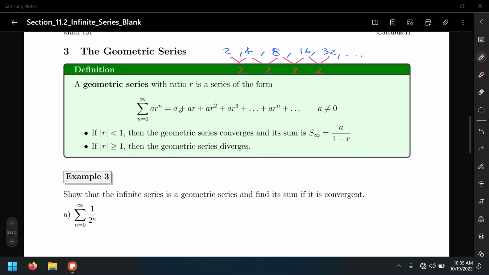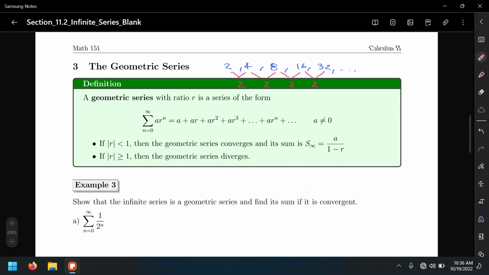This A right here represents the initial term, or the first term of the sequence, that will later be added by this sum, and this R is that common ratio, because this is what we have essentially. So 2 times the common ratio 2 to the 0, comma 2 times 2 to the first power, comma 2 times 2 to the second power, 2 times 2 to the third power, 2 times 2 to the fourth power.